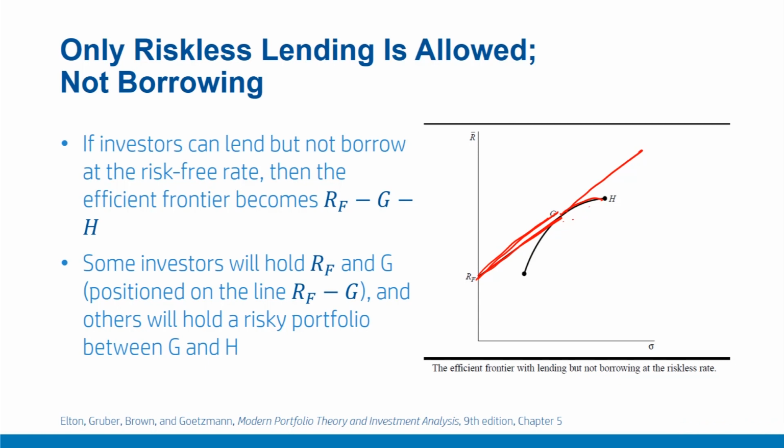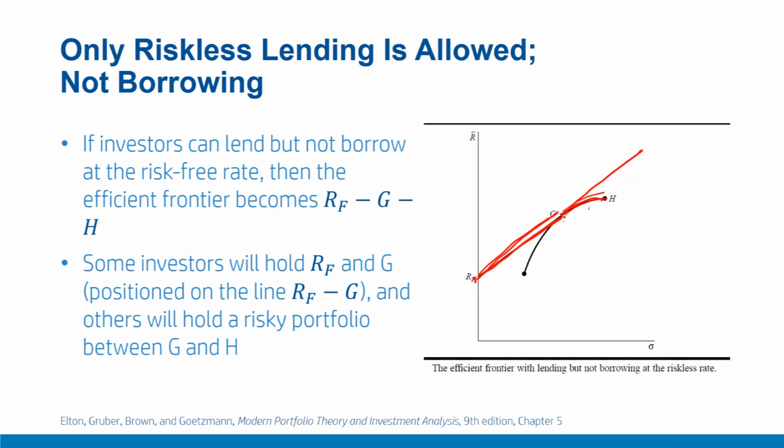The investment profile of risk-averse investors who are placing some amount in a risk-free instrument and some in G, the lending segment, will not change. Only the risk-taking investors will not be able to borrow at RF. They will invest in portfolios on the segment GH. The portfolios on this GH segment are relatively riskier than portfolios on RFG, but these portfolios also offer the higher returns possible at any given risk.